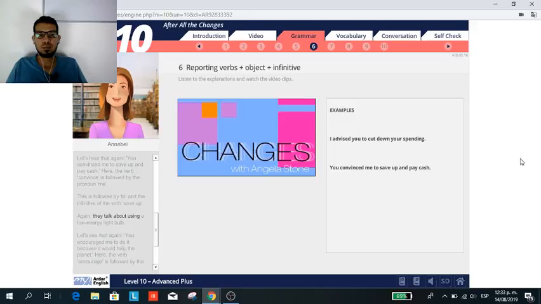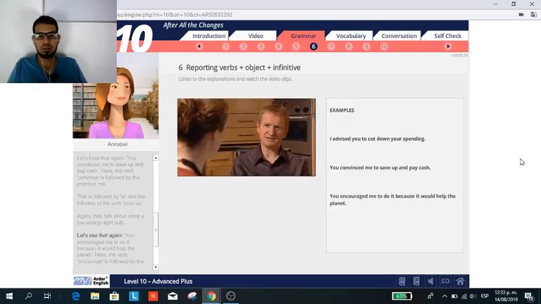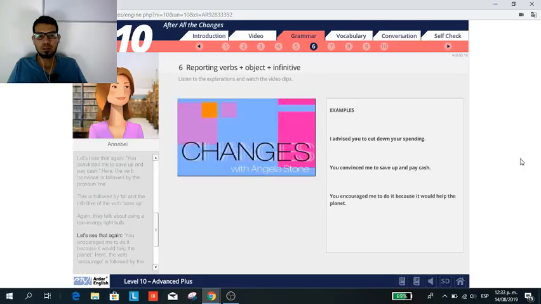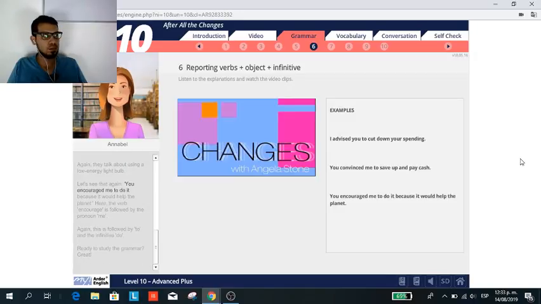Again, they talk about using a low-energy light bulb. You encouraged me to do it because it would help the planet. Here, the verb encourage is followed by the pronoun me. Again, this is followed by to and the infinitive do. Ready to study the grammar? Great.